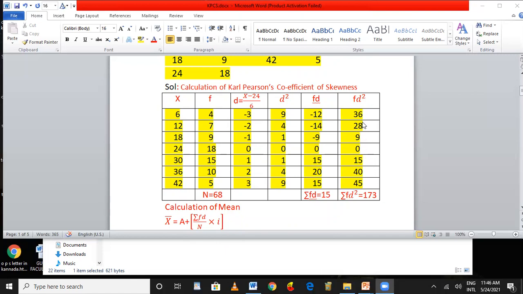Total of the FD square: 36 plus 28 plus 9 plus 15 plus 40 plus 45 comes to 173.